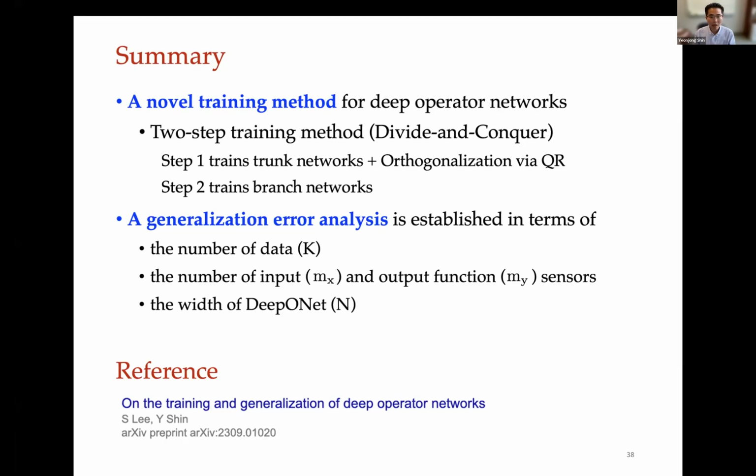That covers the generalization part concerning trunk. The two-step approach plays a role because it relies on the least square analysis, and we are assuming that the branch network learns the least square solution. So there is a connection there. The generalization analysis is done, and this is a reference. Thank you very much.